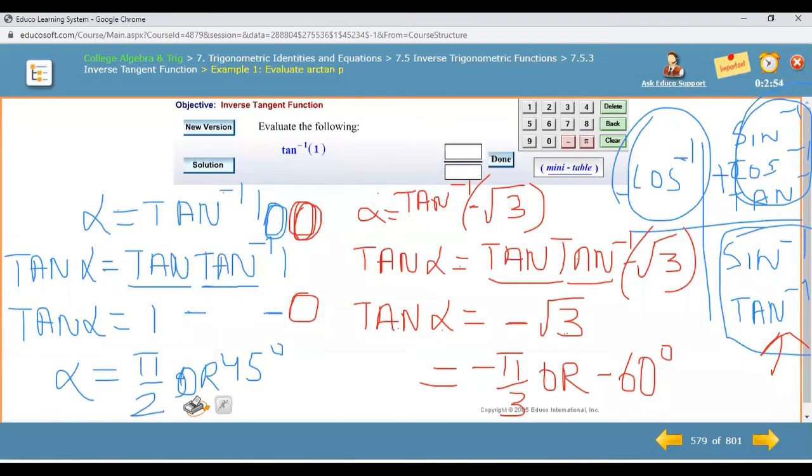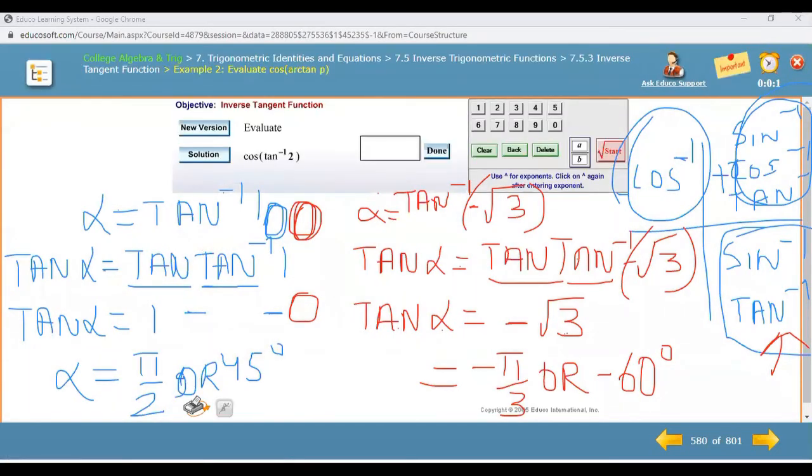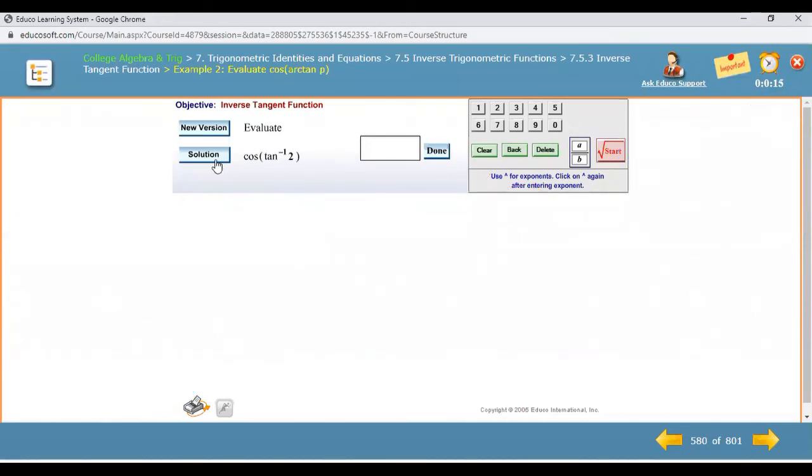Okay, now we may have questions like this. Cosine of tangent inverse 2. Again, we have to do the same stuff. We start with the tangent inverse 2.